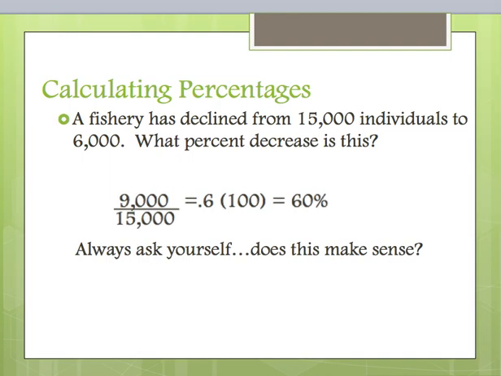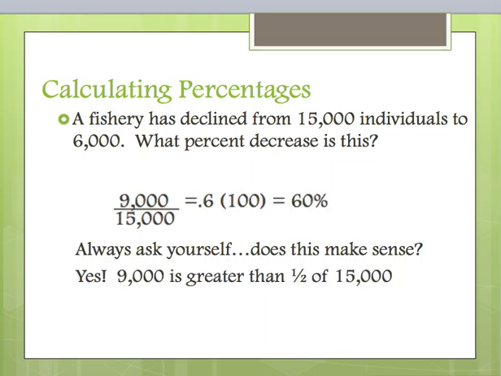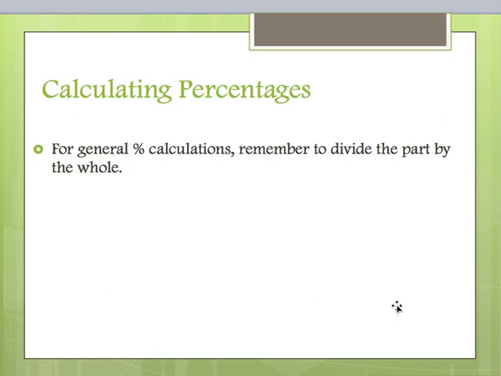And anytime you're doing these kinds of problems, always ask yourself, does this make sense? And 9,000 is greater than half of 15,000, so 60%, that makes sense. Okay, for general percent calculations, remember to divide the part by the whole.